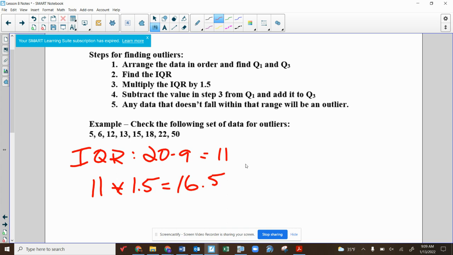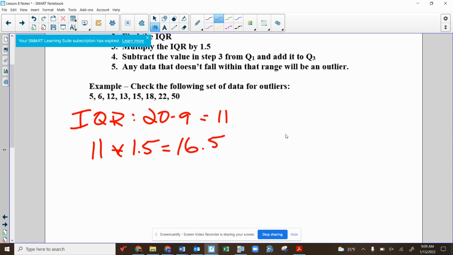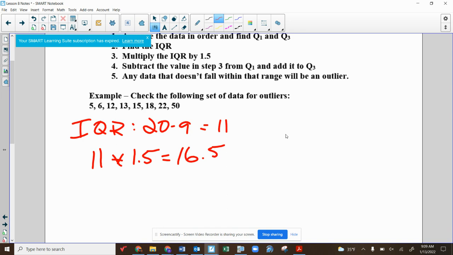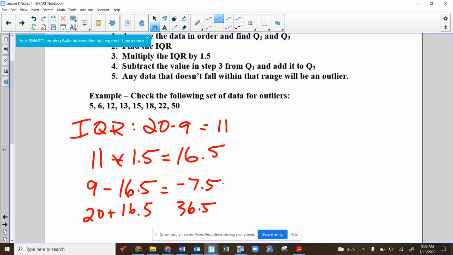Then I am going to take Q1 and subtract that from it. And I'm going to take Q3 and add that number to it. So Q1 minus the number, Q3 plus the number. All right, so this is negative 7.5. This would be 36.5.